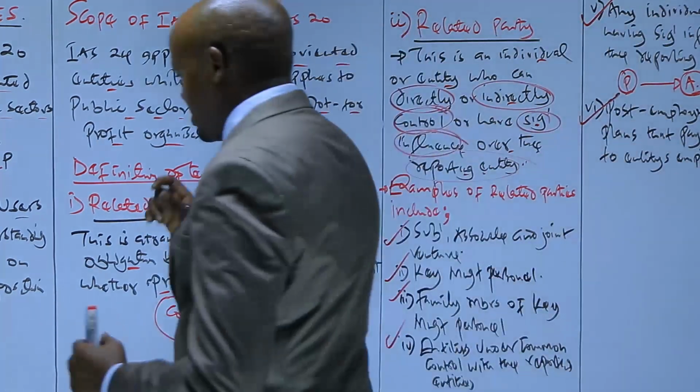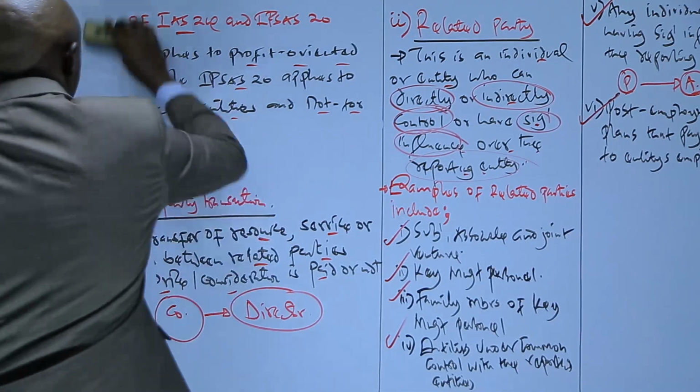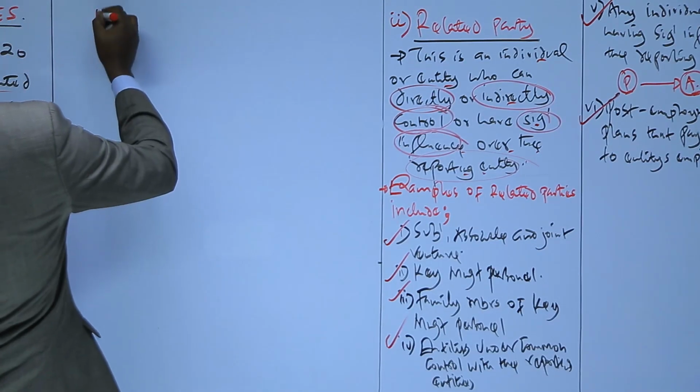Next we look at the information to be disclosed as far as related parties are concerned. So we look at the disclosure requirements.